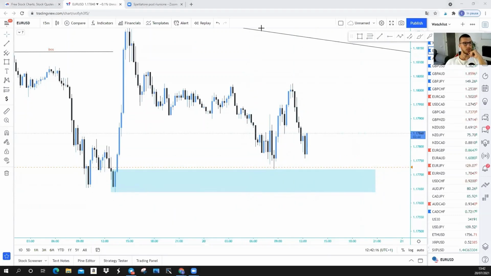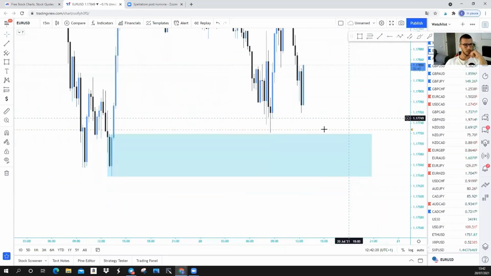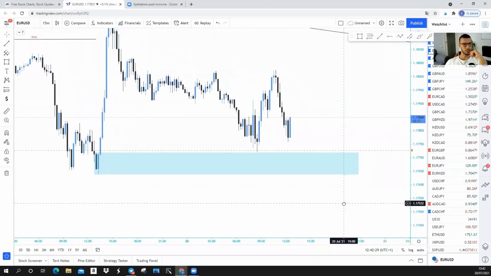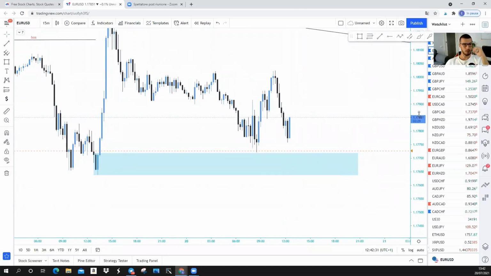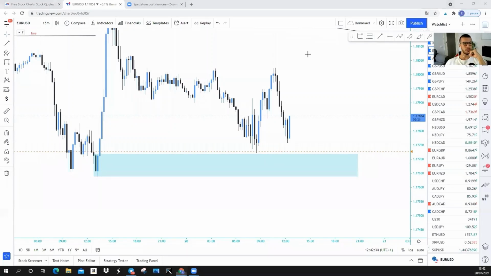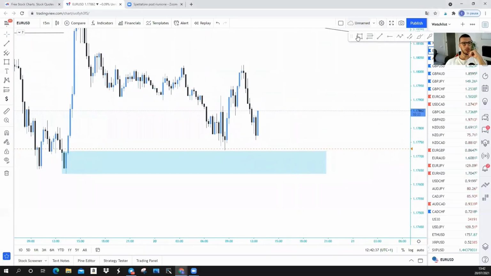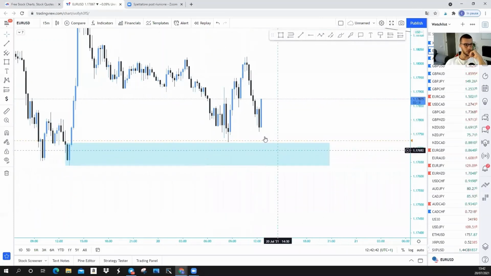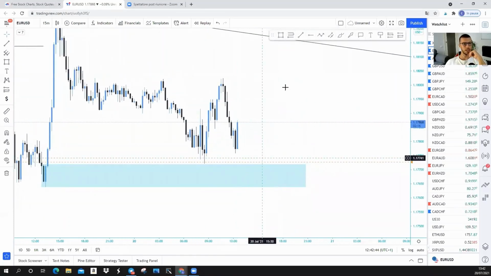Right, I'm still accepting people who are connecting, and this area was not touched by 1 pip or even less, maybe 0.5 pips. And I believe that we have strong possibilities. We don't know yet, of course. I'm just waiting. I will not enter trades right now, but we have strong possibilities of grabbing liquidity below this low, tapping into the demand area, and then going up.